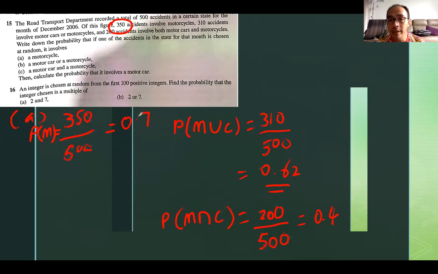I can use 7 over 10, 31 over 50 also can, 2 over 5 also can. Sometimes it varies depending on the situation. Sometimes we use decimals, sometimes fractions. Most of the time, especially for paper 1 questions, for probability we will use fractions. But sometimes the fraction is so complicated that it's better to use decimals.